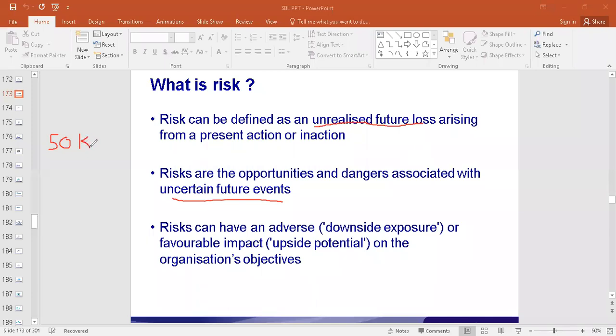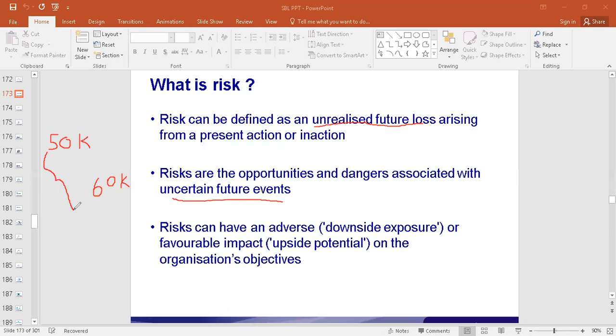But maybe because of some events happening, finally they may end up selling 60,000 units. So that's more. So this is a variation. Anticipation was only 50,000, but in reality they have ended up doing more business. The demand was more. They ended up selling more units. So we see that there is a variation, but this variation is a positive variation.